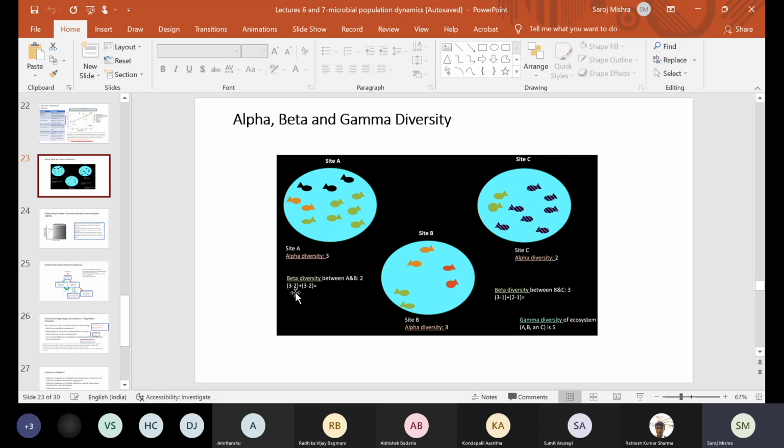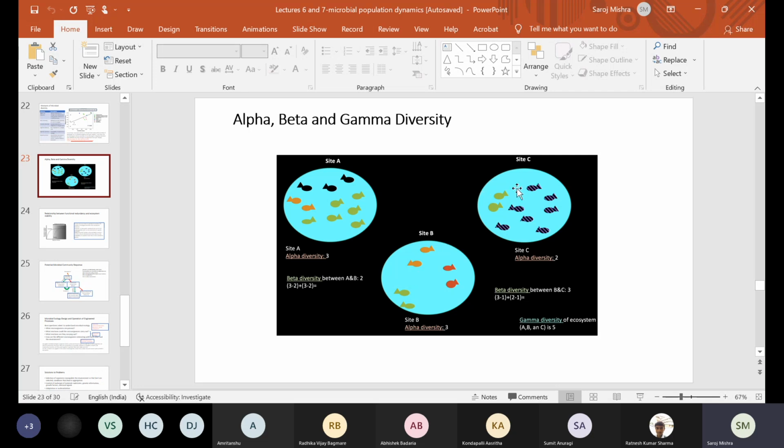So therefore, as is written here, the beta diversity between A and B is equal to 2. And the number comes from the fact that you had 3 here, out of which 2 were common. Similarly, you had 3 here, out of which 2 were common. So that is how 1 plus 1 adds up to 2. So between A and B, the beta diversity is equal to 2.